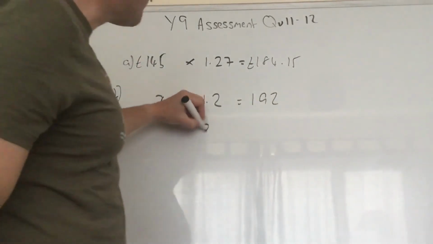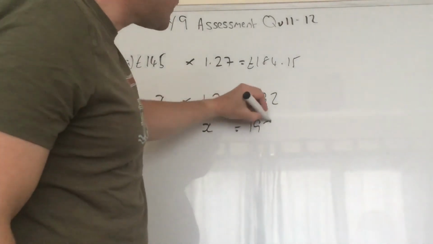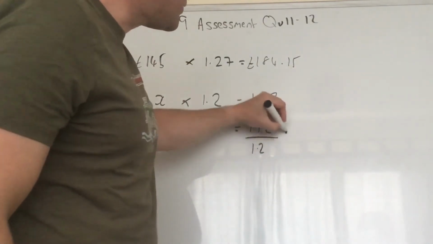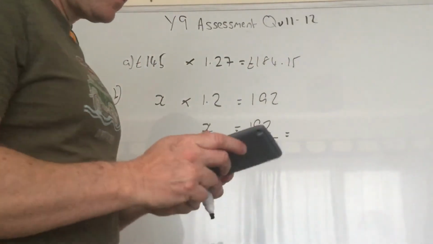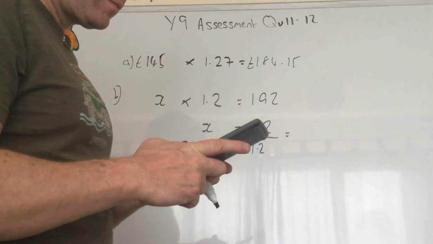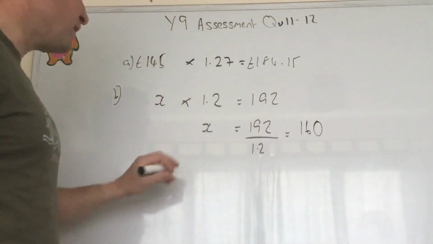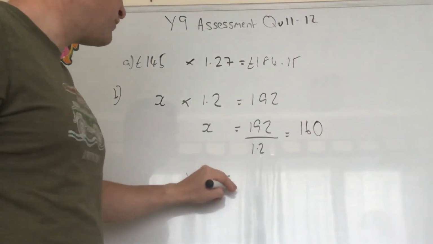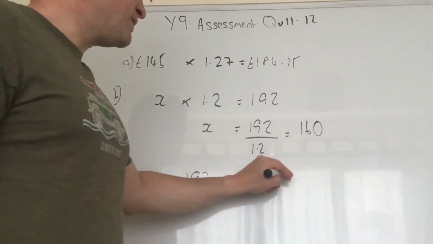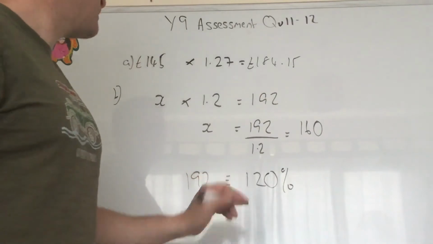So let's work out the number. X equals 192 divided by 1.2, and we get 160. Other method of doing that, we can say 192 is equivalent to 120%, because it's the number once we've added 20% on.